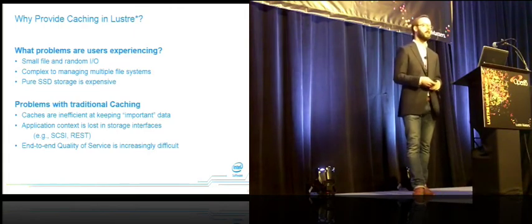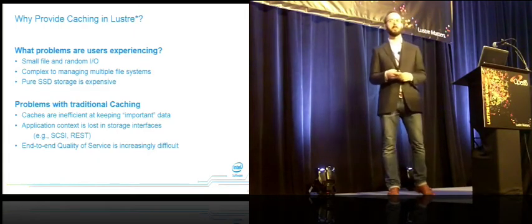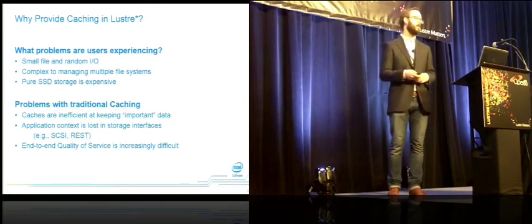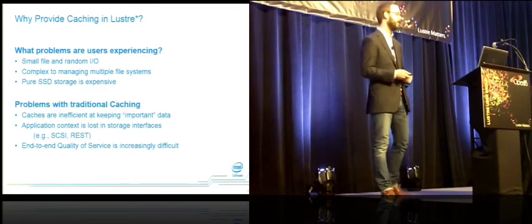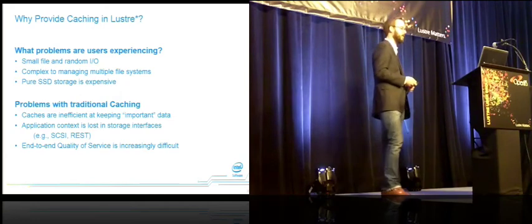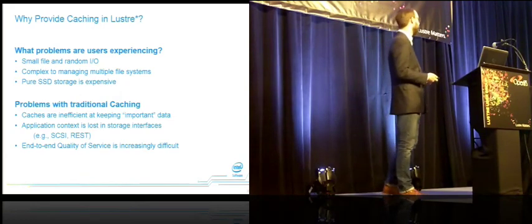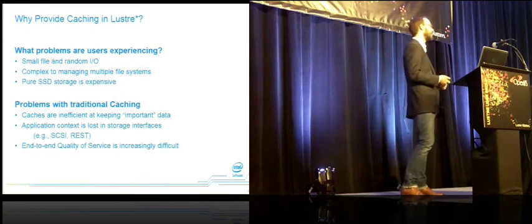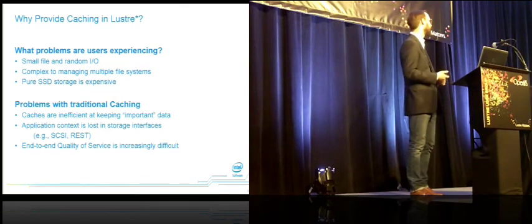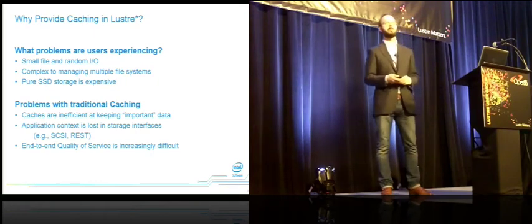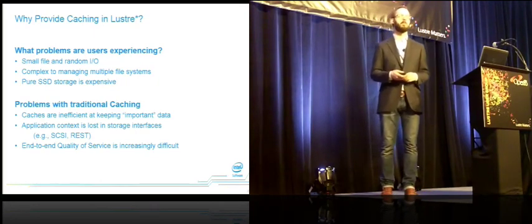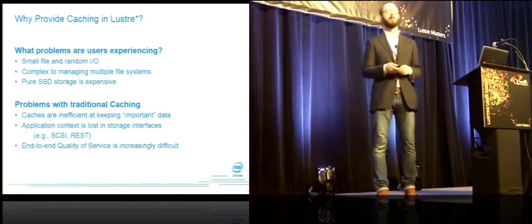What I mean by that is, as you're passing metadata or you're passing small or large files, the context of what's important within that data is not always apparent. So we want to focus on that. And then also end-to-end quality of service and looking at what kind of I/O and what kind of storage is being called to the file system and how that's being managed, especially when you have different applications that are writing significantly different types of I/O workloads.